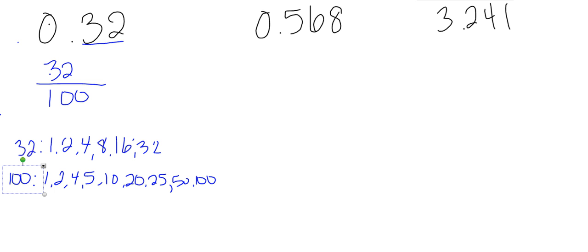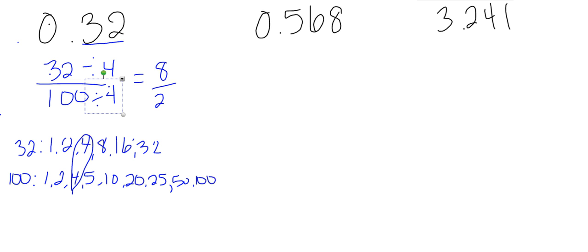And then I'm looking to see the greatest common factor, which would be 4. So then I can divide both of them by 4. You can also just divide by 2 and then keep going down that way. 32 divided by 4 is 8. 100 divided by 4 is 25.